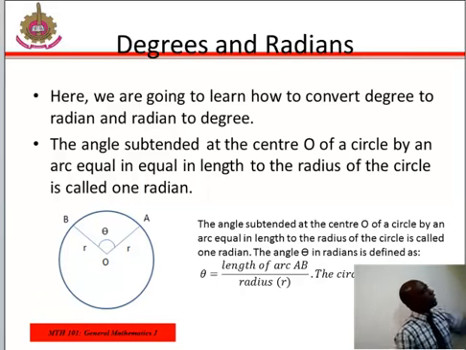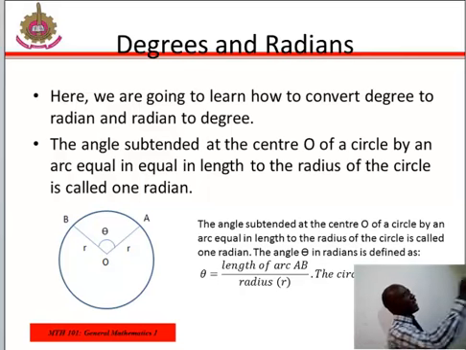Now let's look at this angle subtended at the center of a circle by an arc equal in length to the radius of the circle, which is called a radian. Now remember that theta will be equal to the length of arc AB over the radius, times the circumference of the circle, which is 2 pi r.